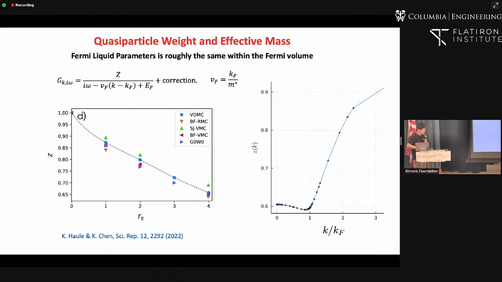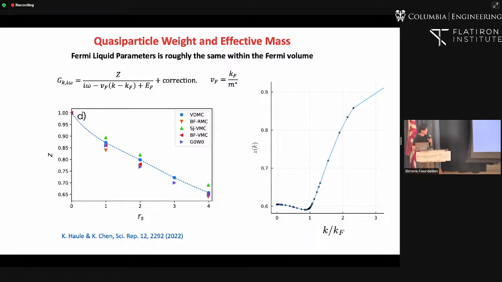And then the last important Landau parameter is the quasi-particle weight. Our calculation is more or less consistent with the existing calculations from DMC and VMC.